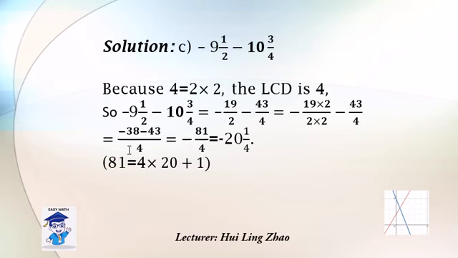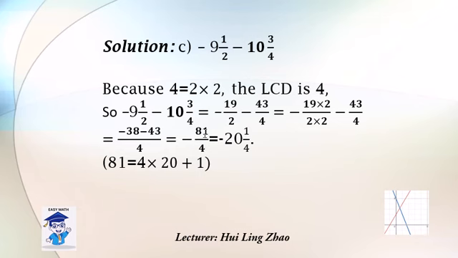So under the same denominator 4, the numerator is negative 19 times 2 is negative 38 and minus 43. So the numerator is negative 81 over 4, right? It is an improper fraction, so we have to change it to a mixed number.